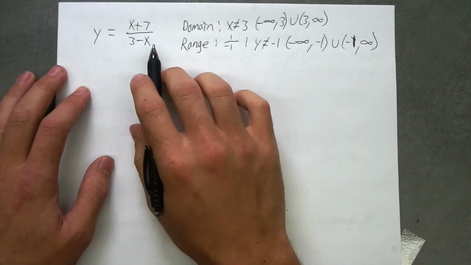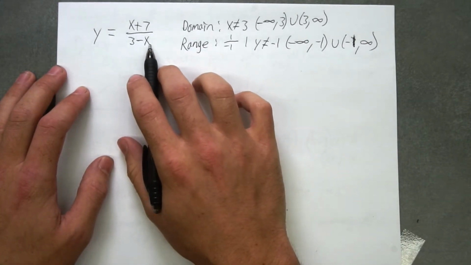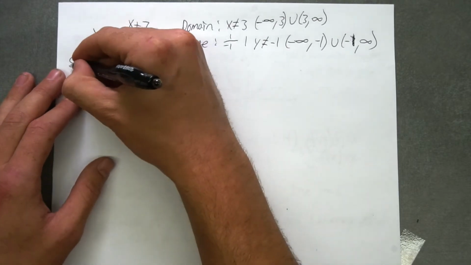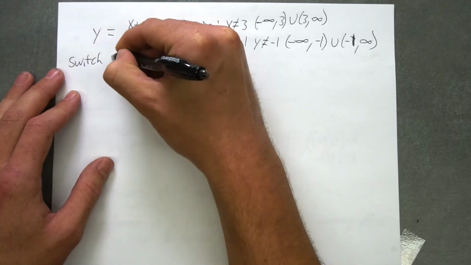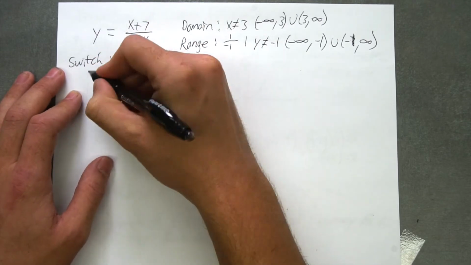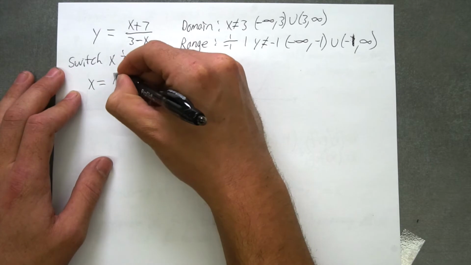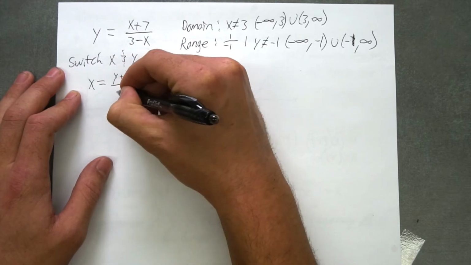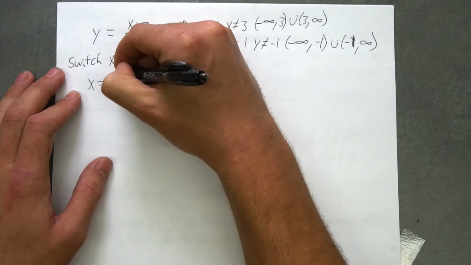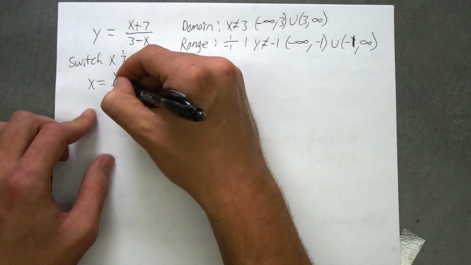So in order to find the inverse of y, we are going to switch x and y. So we get the function x equals y plus 7 over 3 minus y. Now we're going to solve for y again in order to find the inverse.